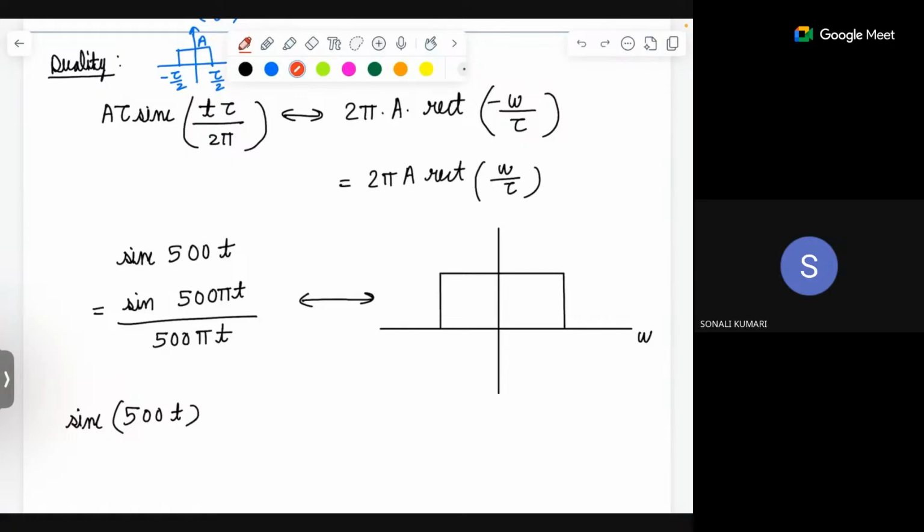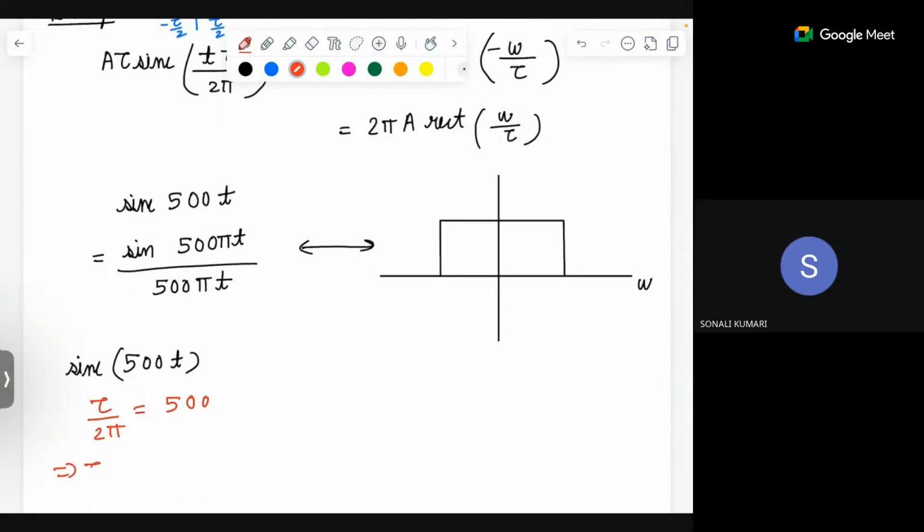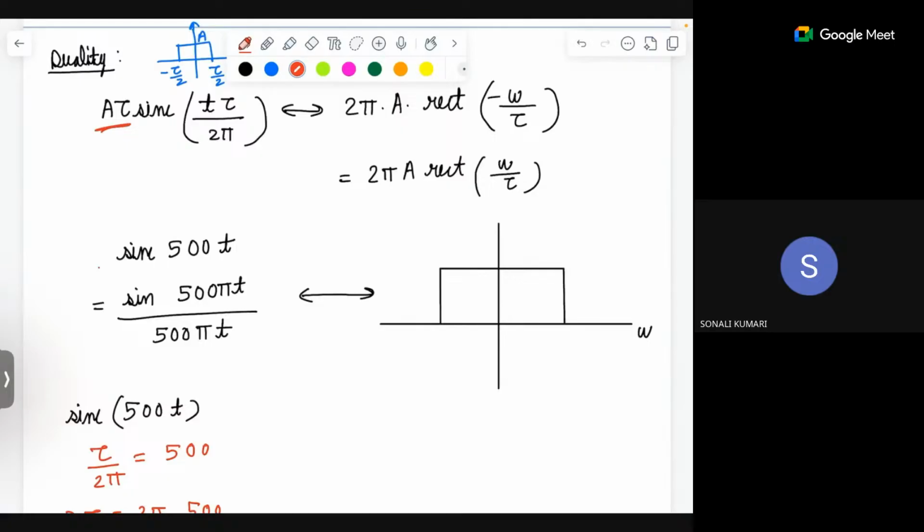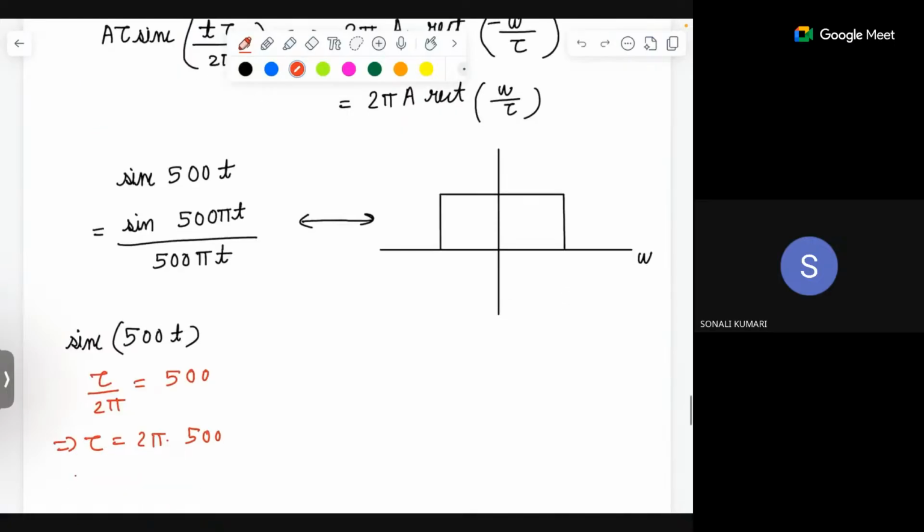So tau by 2 pi is equal to 500, or we can say tau is 2 pi into 500, and A tau over here is 1. So that means A is equal to 1 upon tau.